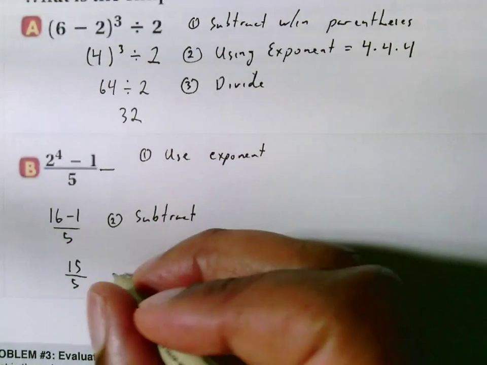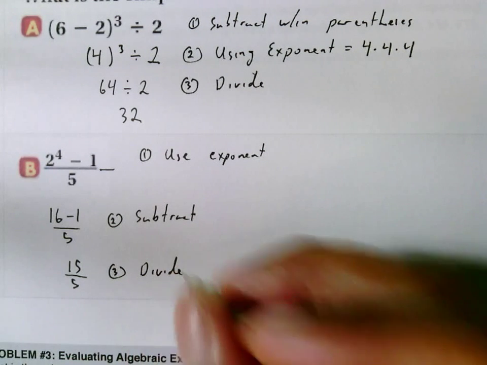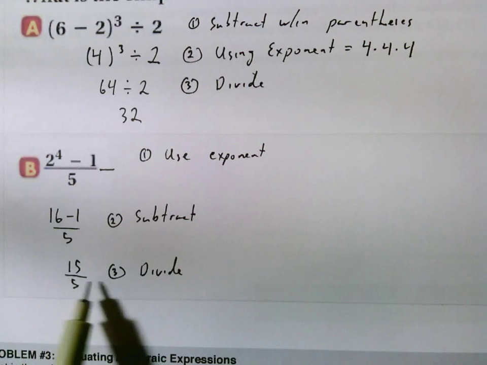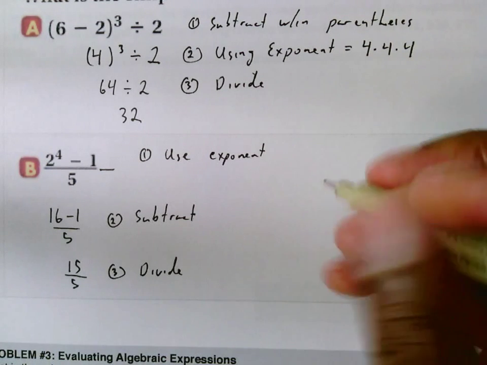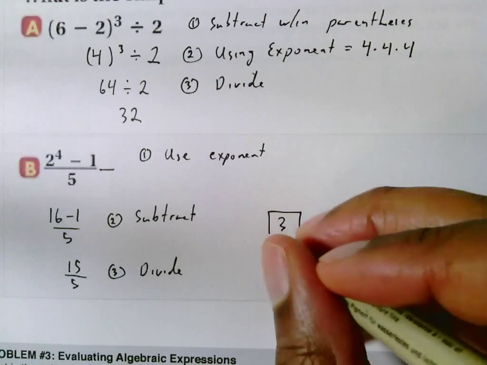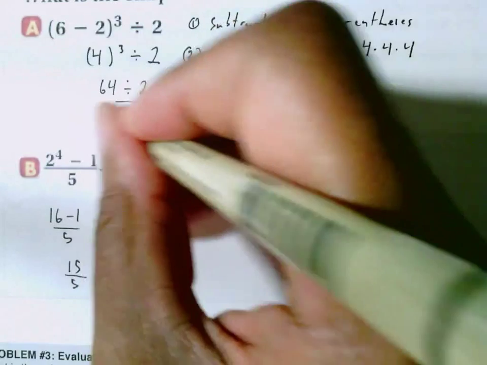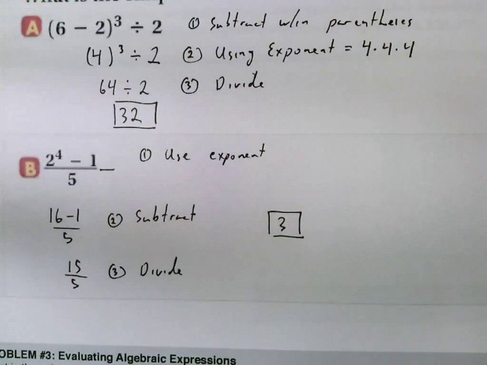And then lastly, I can divide, because we all know that this fraction sign is basically division. And of course, I haven't mentioned before, but I should be, as always, putting a box around my final answer.